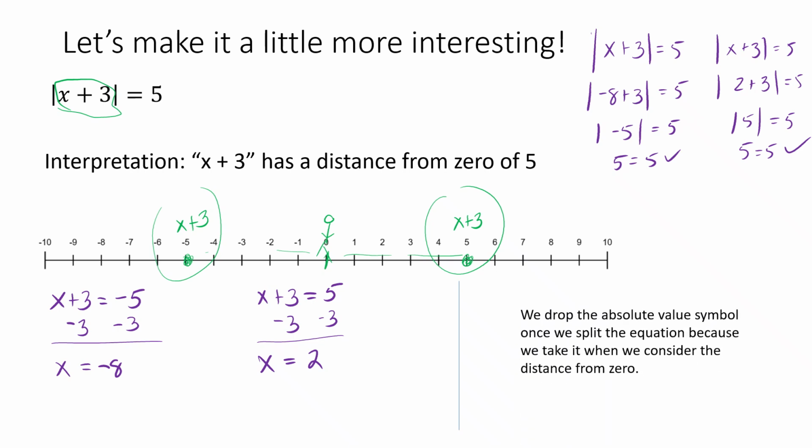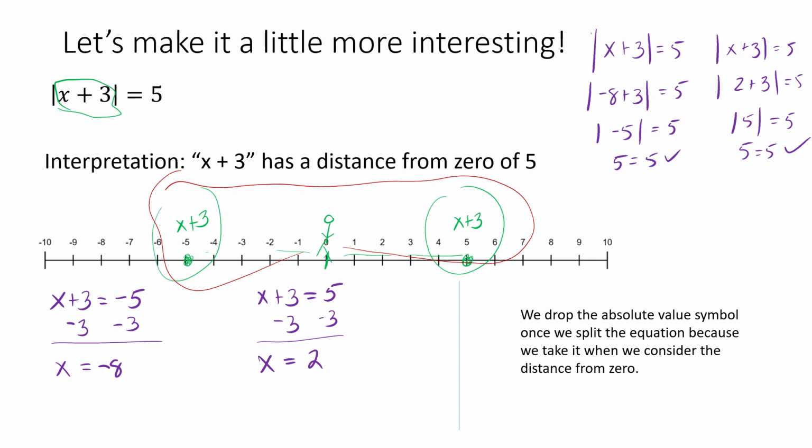Now, we drop the absolute value symbol once we split the equation because we take it when we consider the distance from 0. So if you're like, well, wait a minute, what did you do with the absolute value? Why are the absolute values gone? Well, in this process, where we're analyzing this and thinking, what does the absolute value mean, we are actually taking the absolute value. So we're doing that process of the operation there when we split it.